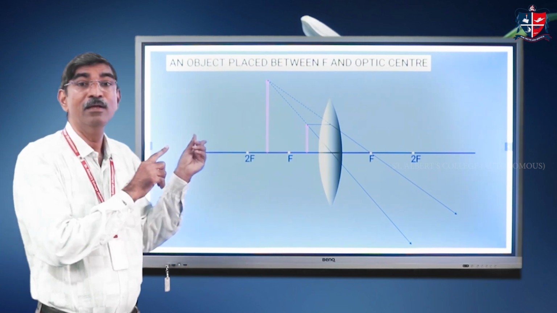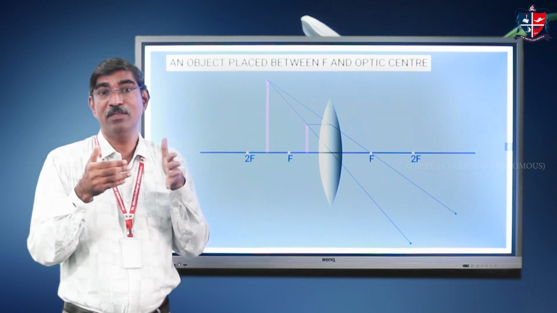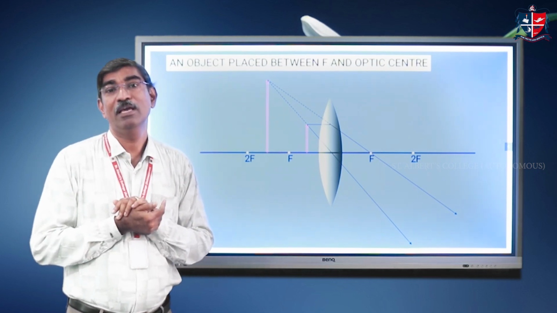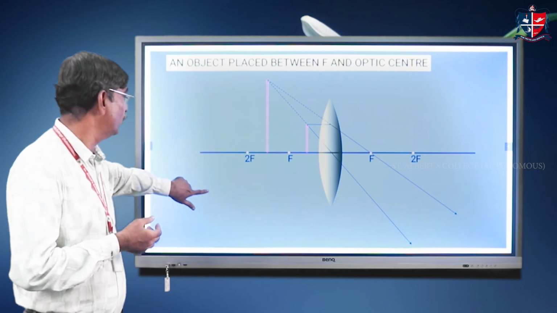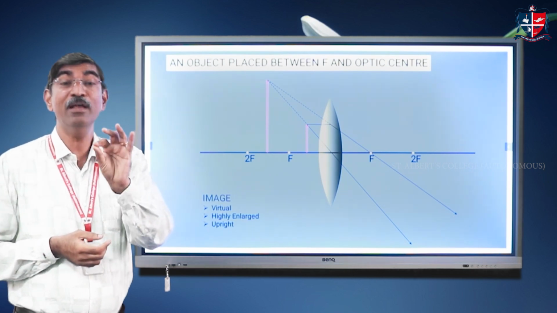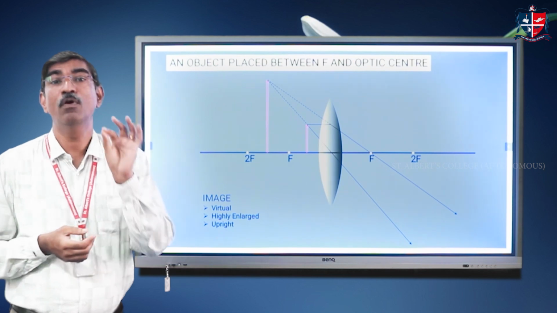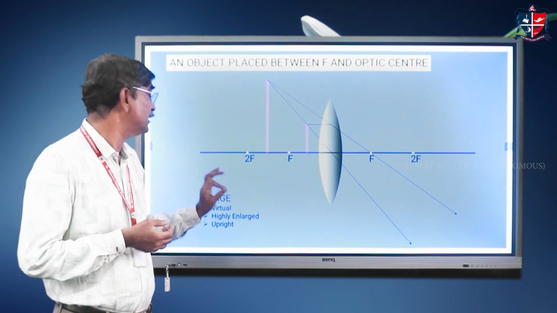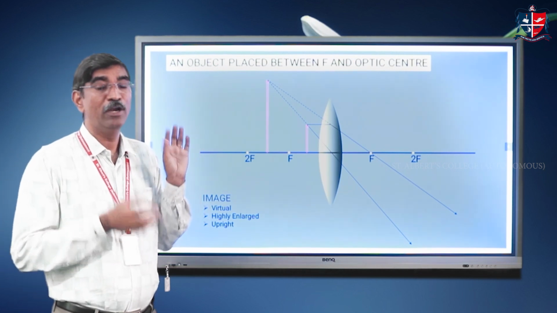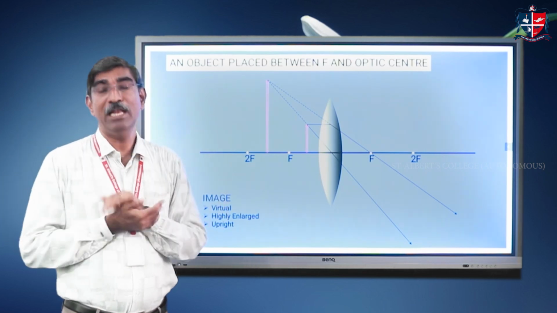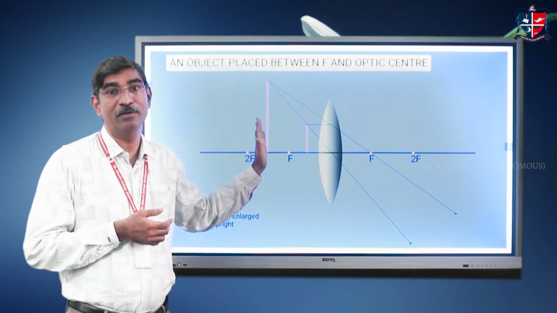And here the characteristic features of this image are different. Let us see what they are. So here the important thing is that the image is not real. It is virtual. No convergence of the rays is happening here.